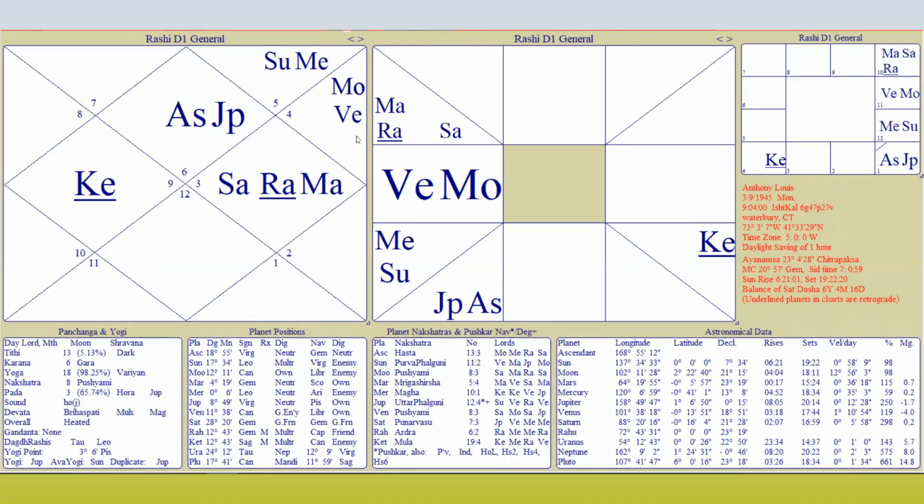And Ketu is across the way in Sagittarius in the 4th. Yes, that's very, very strong. A huge preponderance of dual signs, as everybody can see.